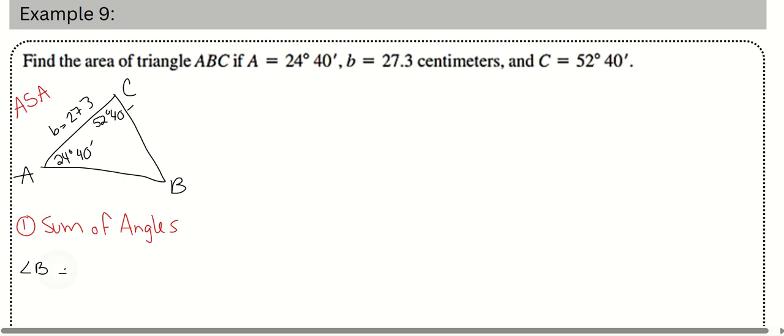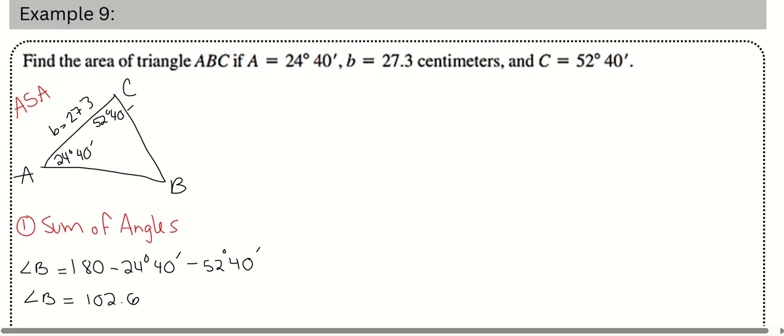So angle B is going to equal 180 minus 24 degrees and 40 minutes minus 52 degrees and 40 minutes. So angle B is going to be 102.6. And I didn't put this back into degrees, minutes and seconds, just for purposes of time, so we know what angle B is.